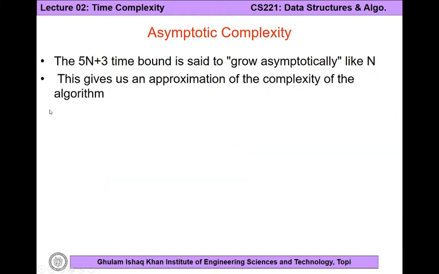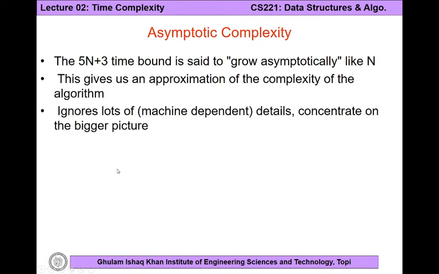Now this gives us an approximation of the complexity of an algorithm, and while we compute that, we ignore a lot of machine level details. For example, how many cycles addition performs, and multiplication performs sort of double the cycles of addition, and what the operating system will be, what the processor type will be, and what the architecture of the processor will be.